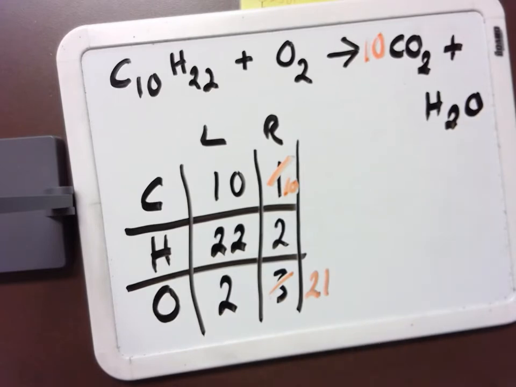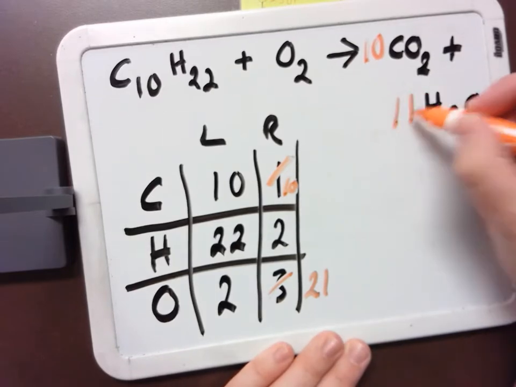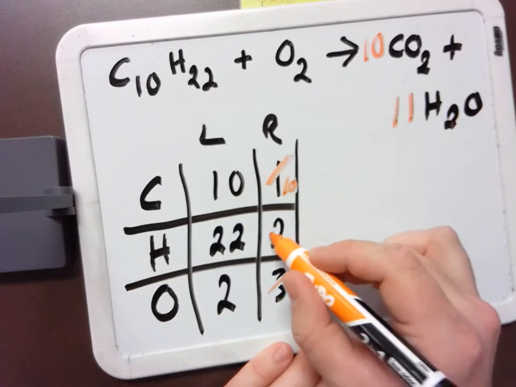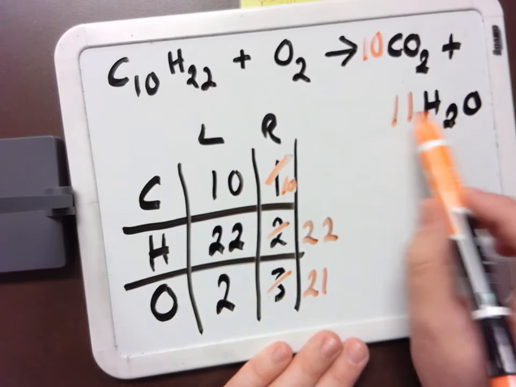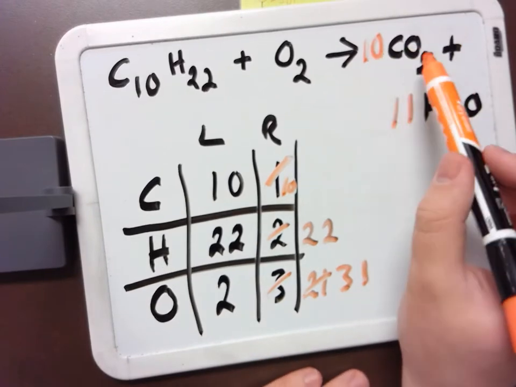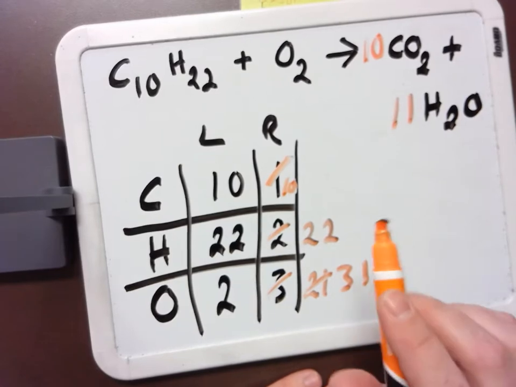Now, if we want to, we can try to multiply this one by 11. You want to try? Let's try it. So 11 times 2 equals 22. But that makes this one now equal 31, because 10 times 2 is 20 plus 11 is now 31. Now we have a problem.